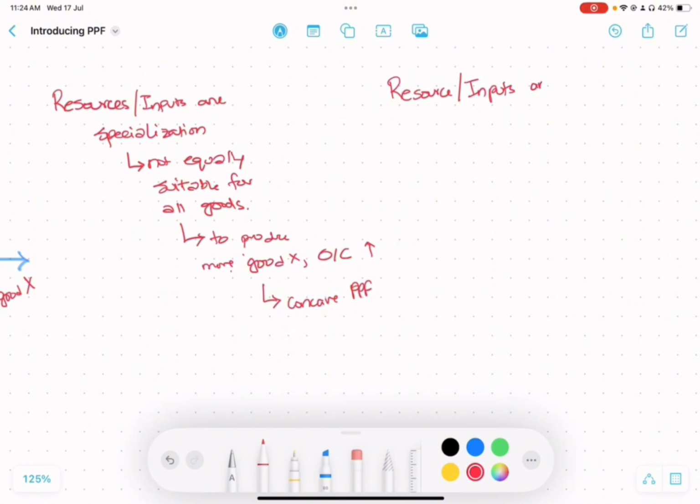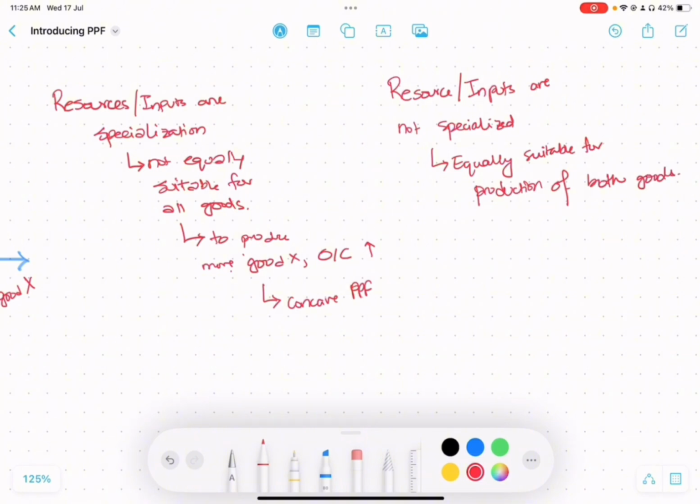Now, let's say we made this assumption that inputs are not specialized. What does not specialized mean? They're actually equally suitable for production of both the goods.